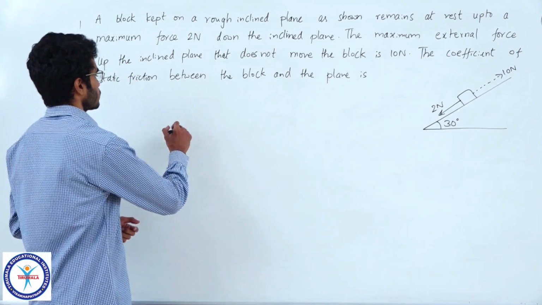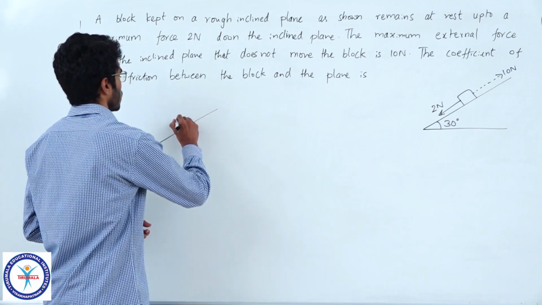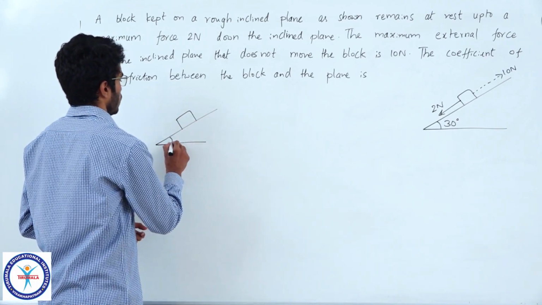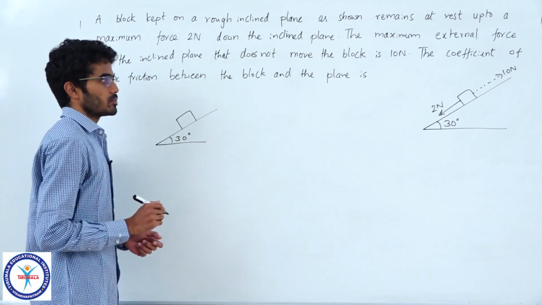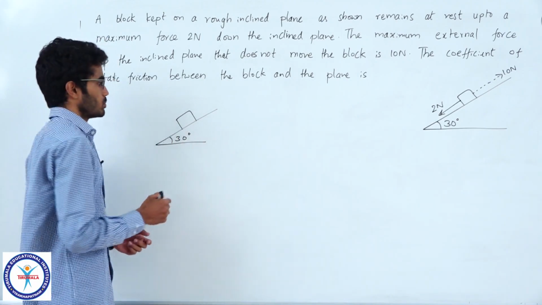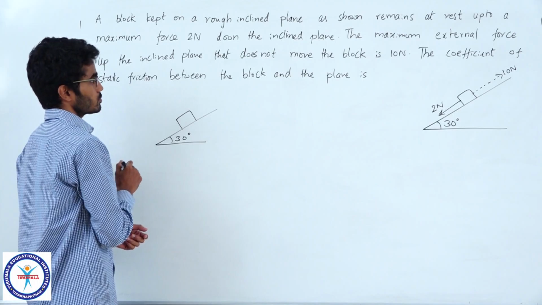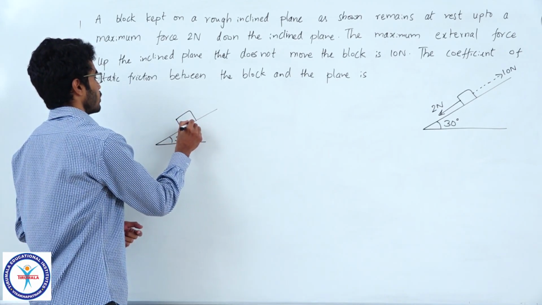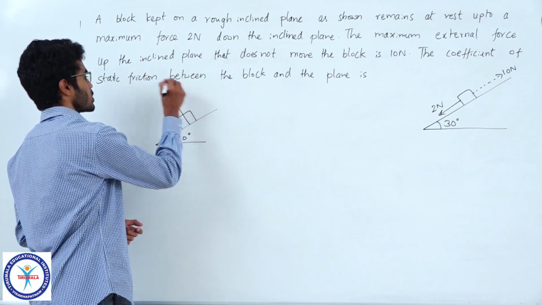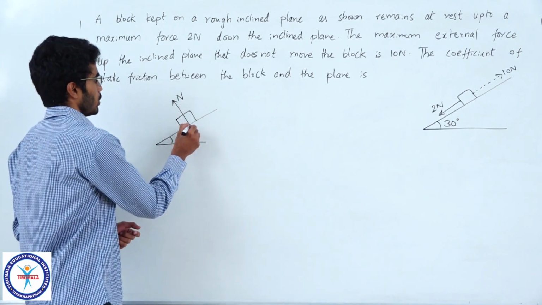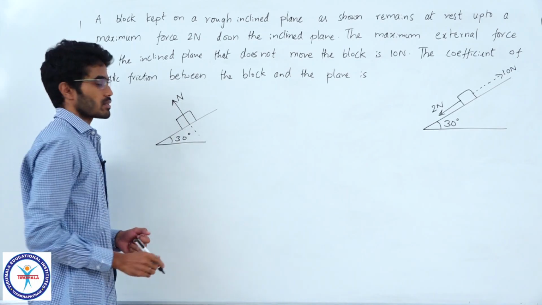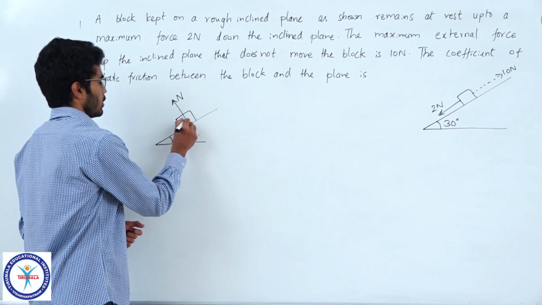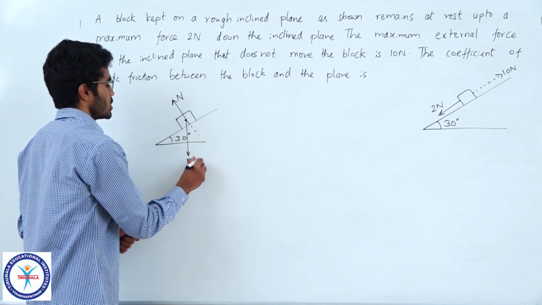Before that, let us quickly calculate the limiting friction value. So, the normal reaction developing will be perpendicular to the contact surface, and the weight acting on the block is mg.